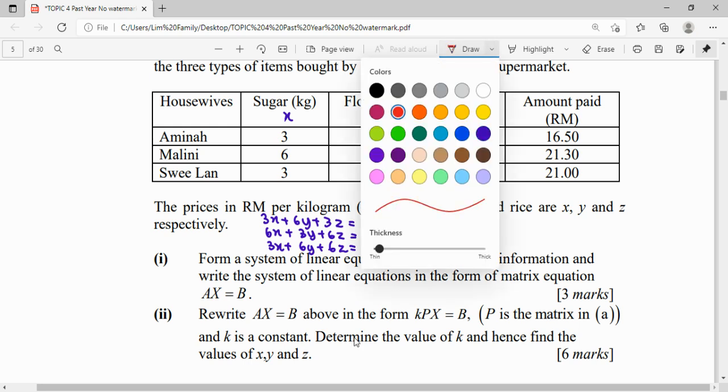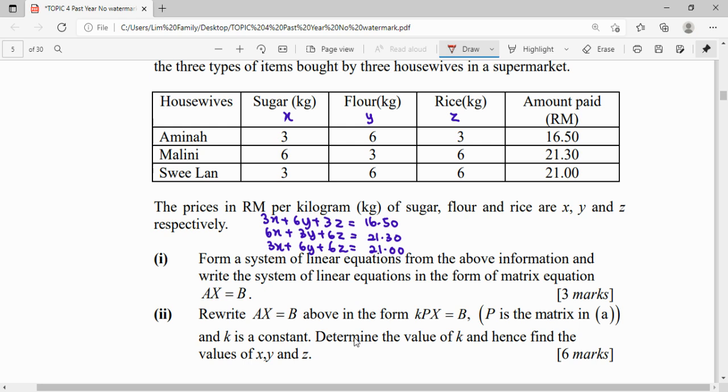From here, we get 2 marks. For the first two equations being correct, we get 1 mark. If every equation here is correct, we get another mark.